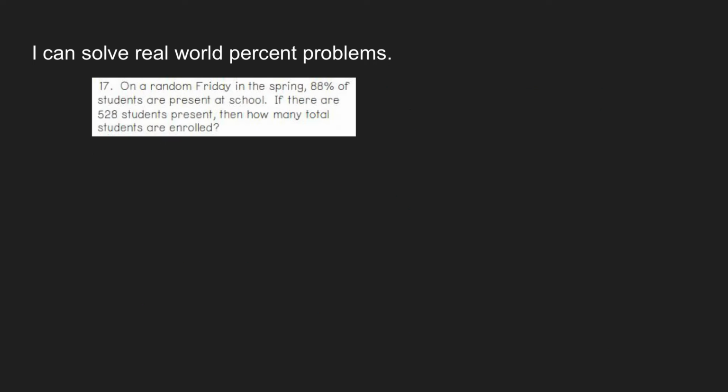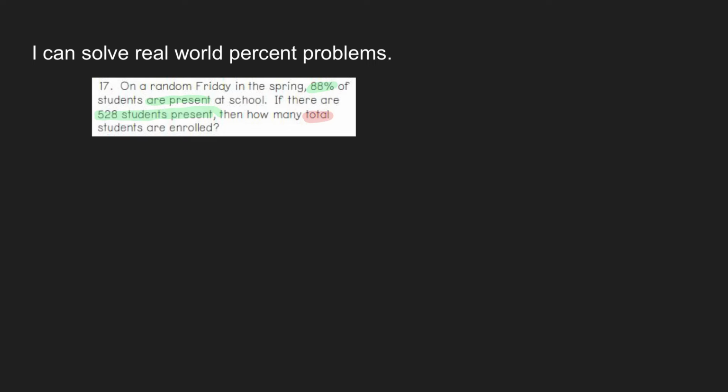On a random Friday in spring, 88% of students are present at school. If there are 528 students present, how many total students are enrolled? All right. So let's go back and check. 88% are present. If there are 528 students present, how many total? So we're looking for total.